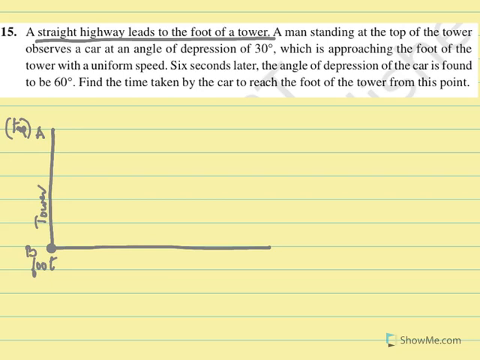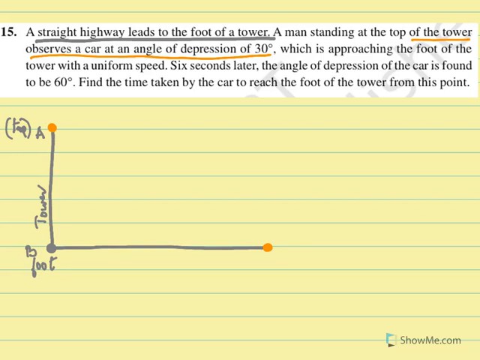A man is standing at the top of the tower and observes an angle of depression of 30. So where is the man standing? At the top of the tower. And he is observing an angle of depression of a car. So definitely the car has to be down here on the highway, right?